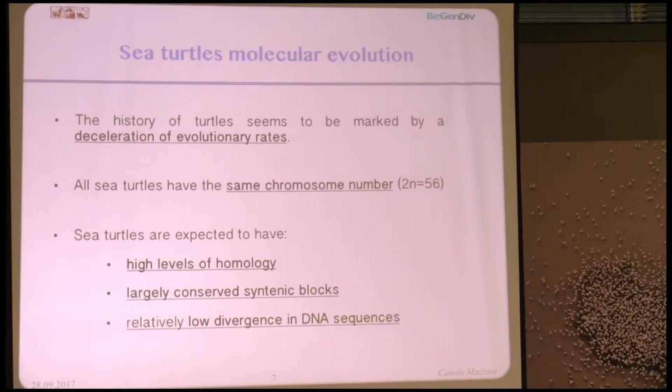Not only this, but the content of the genome should be mostly in the same order, and the level of divergence between different species is expected to be very low. So that's why, even if you think about 100 million years ago, in terms of molecular evolution, it doesn't reflect that amount of time, that time of divergence.